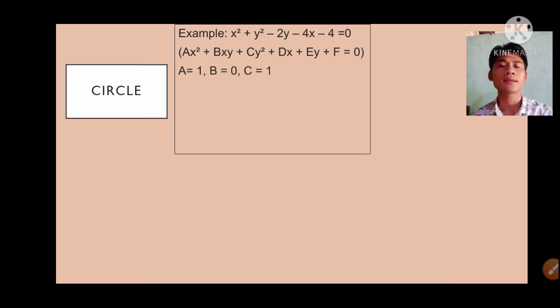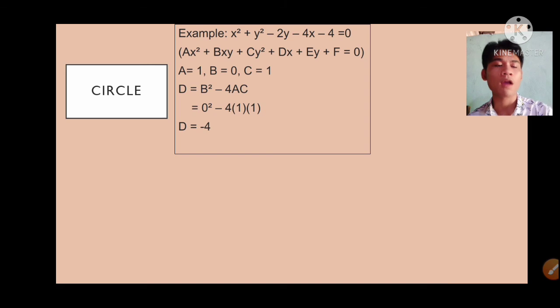And then again, just substitute into the given formula of our discriminant. So we came up with 0 squared minus 4 multiplied by 1 multiplied by 1, so it would be equal to negative 4.